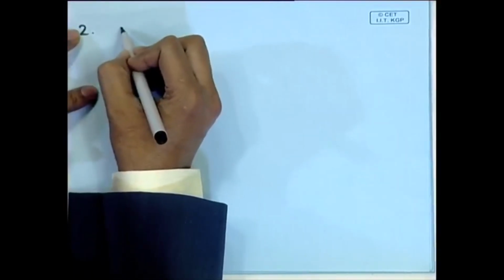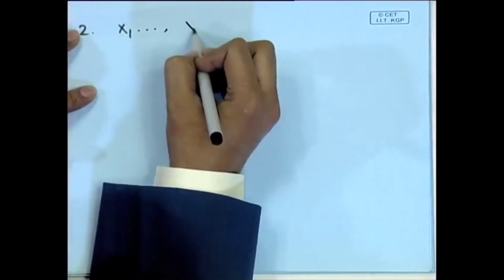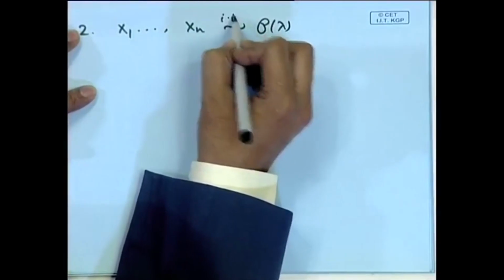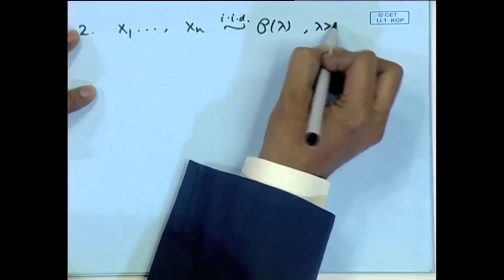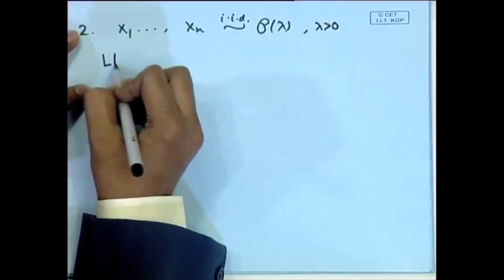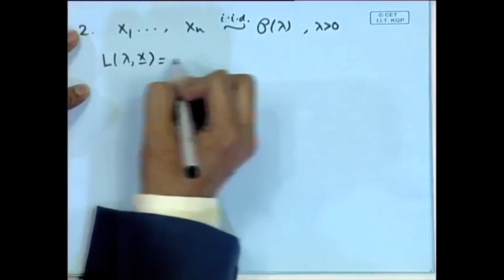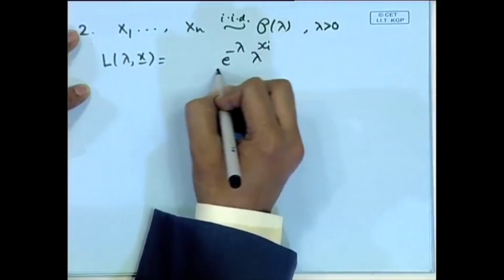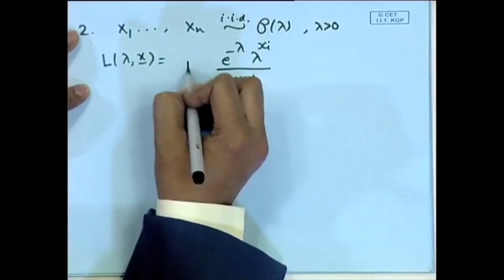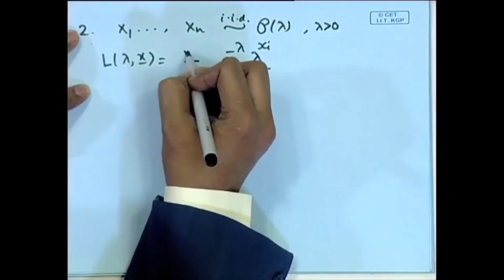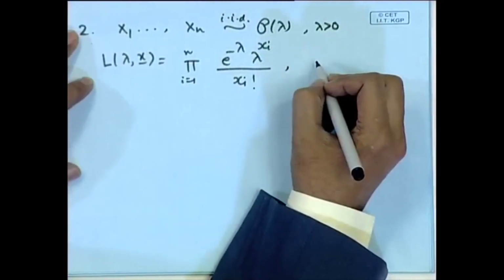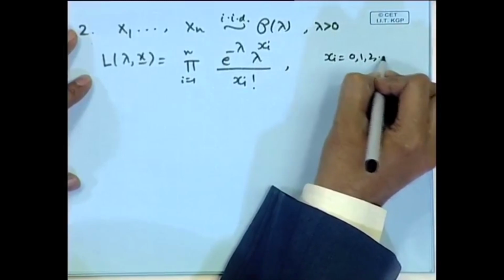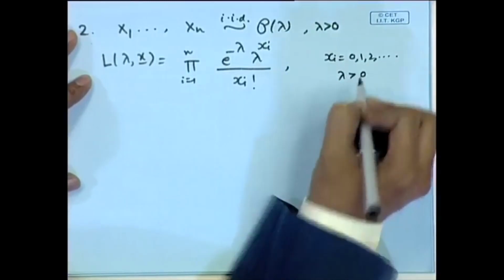Let us take X1, X2, ..., Xn to be a random sample from a Poisson distribution with parameter lambda. Let us write down the likelihood function, that is equal to the product of e to the power minus lambda, lambda to the power xi divided by xi factorial, i equal to 1 to n. Here each of the xi's can take values 0, 1, 2 and so on, and lambda is positive.